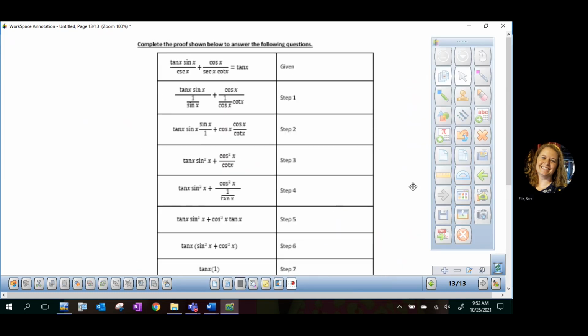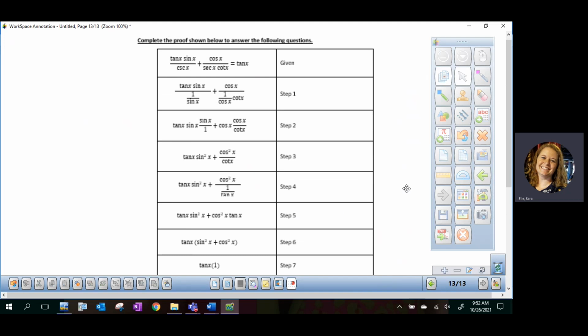All right. So it starts out here. This is what we're trying to prove. We are trying to prove that this simplifies to just tangent of x, that it's equal to tangent of x.